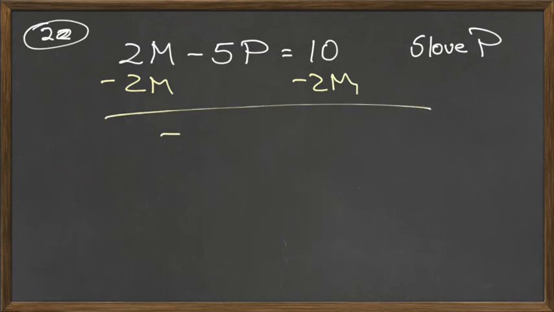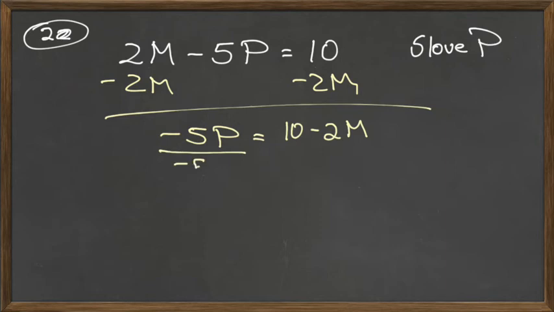Negative 5p equals negative 2m plus 10, or 10 minus 2m. That's actually how they did it here on the answers. And now we're dividing by negative 5. They are not simplifying it.